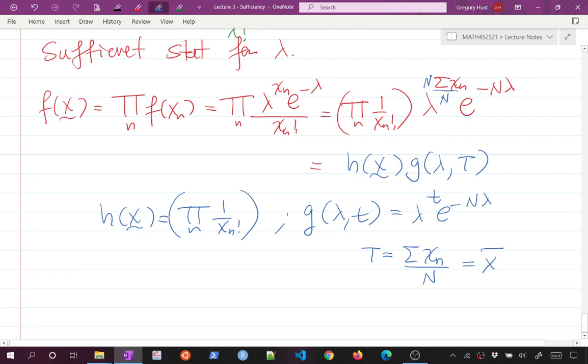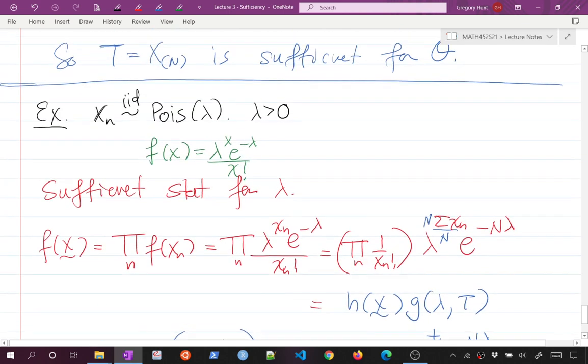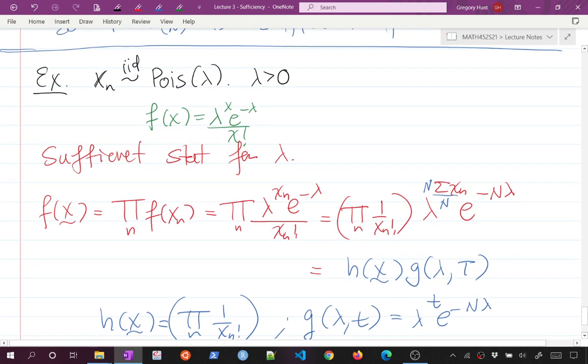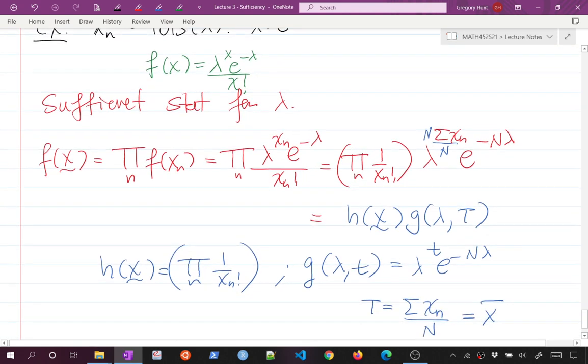I could put a one-to-one function and then do the inverse of it, and it's all okay. In any case, either the sum or x bar is sufficient for lambda in this Poisson model. And that was pretty straightforward, I think.